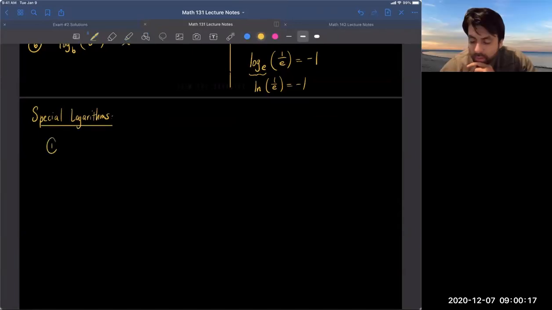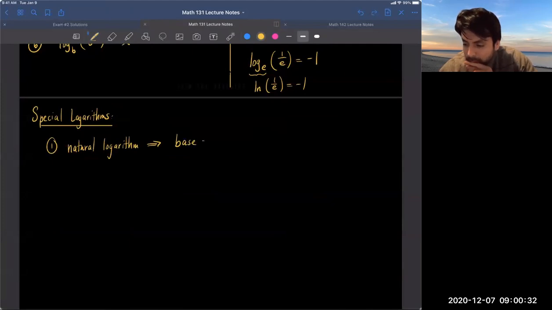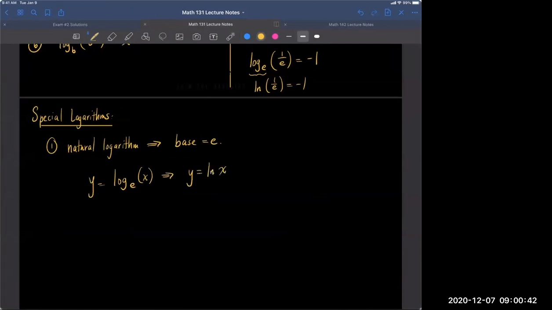The first one is the natural logarithm. They call it natural logarithm because the base equals e. So if you have y equals log base e of x, this is really y equals ln of x.